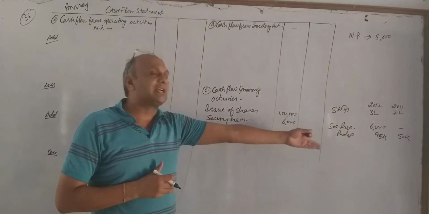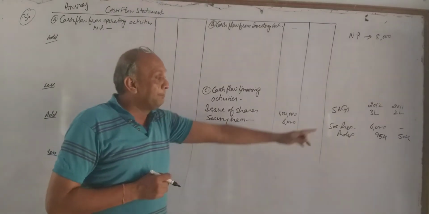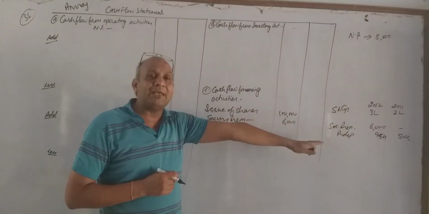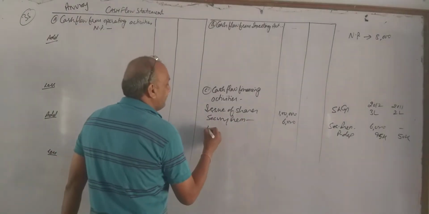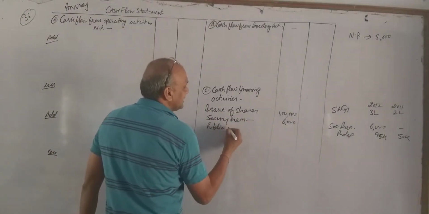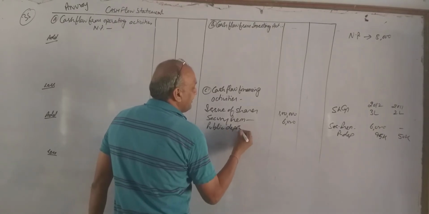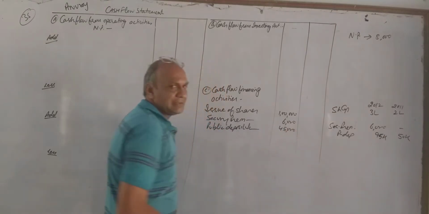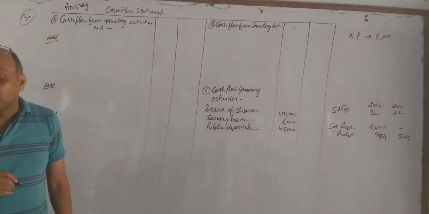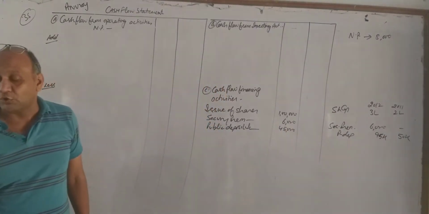So again it is a kind of loan we have taken. Liability has increased, our loan has increased, this means money is coming. So public deposit increased, and I will show 45,000 rupees. Money is coming in.